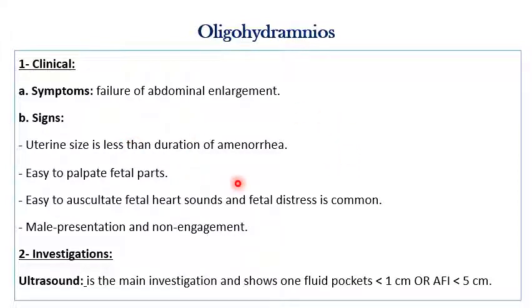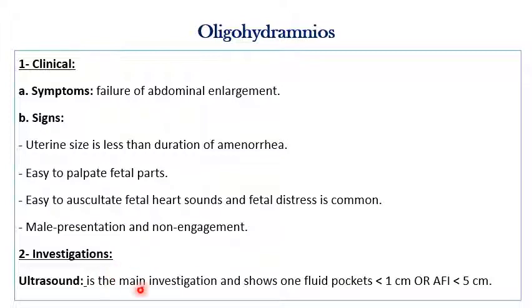And here there is easy palpation of the fetal parts. You can palpate the fetal part just under the skin. And easy auscultation of fetal heart sound, but fetal distress is common. And due to difficult movement of the fetus, not like polyhydramnios, here it is a difficult movement. There is also malpresentation and non-engagement.